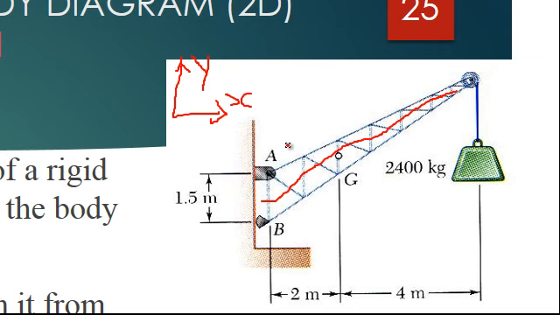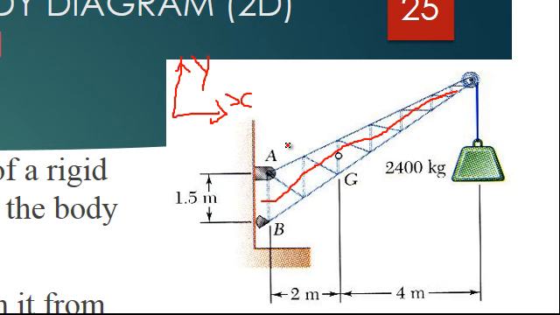Then at the same time, this member, this truss, has a mass of 2,400 kgs. So it needs to be represented on our free body diagram, which will be, of course, 2,400 kgs times 9.81. Am I right?